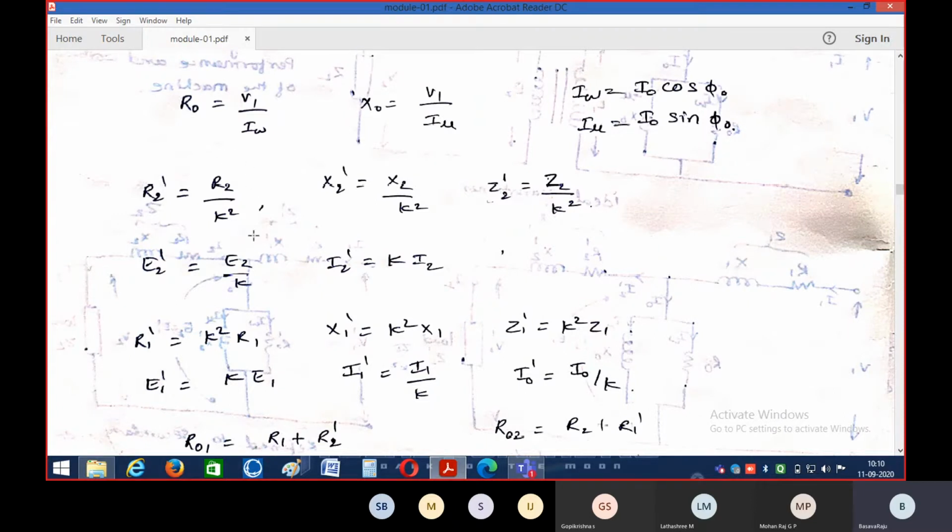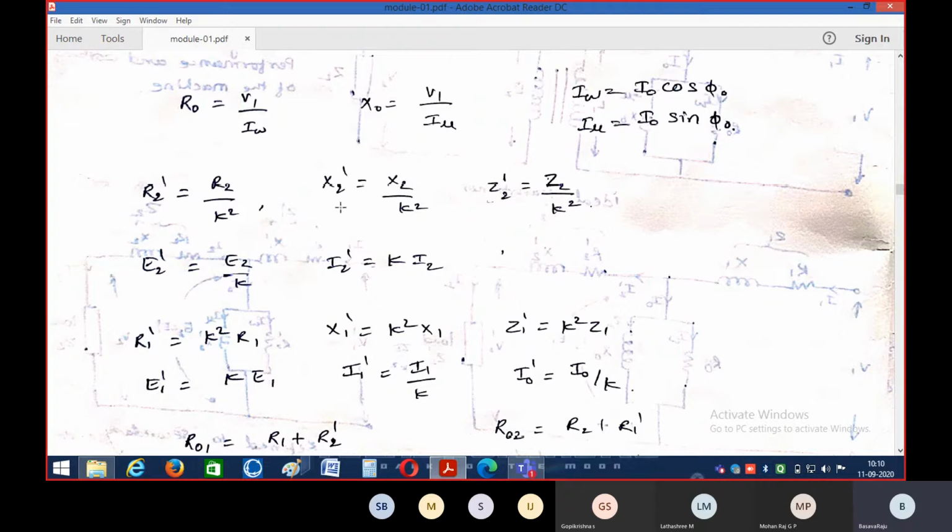So R2 divided by K square gives R2 dash, the value of secondary resistance with respect to primary. The conclusion we can make is, if you shift the secondary elements to the primary side, the secondary element value is to be divided by the square of the transformation ratio.